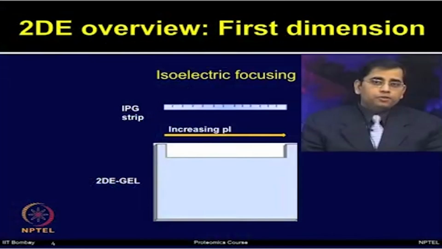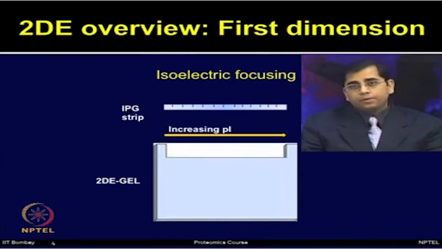So, first of all, you need to extract the protein from a given sample, and that becomes a very determining factor for various applications, regardless of whatever questions you have in your mind which you want to address by using two-dimensional electrophoresis. First of all, you need to make a very good protein extract, and when I say very good extract, it means it should have minimal interference from any interfering components.